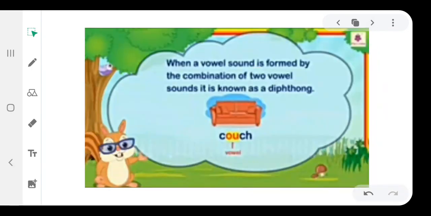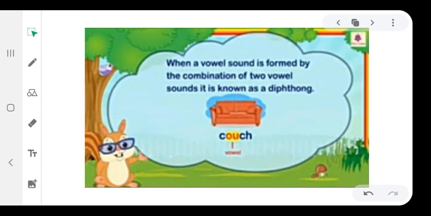Diphthongs. Di means two and thong means sound. When a vowel sound is formed by the combination of two vowel sounds, it is known as a diphthong. For example, couch. A complex vowel sound that begins with the sound of one vowel and ends with the sound of another vowel in the same syllable.